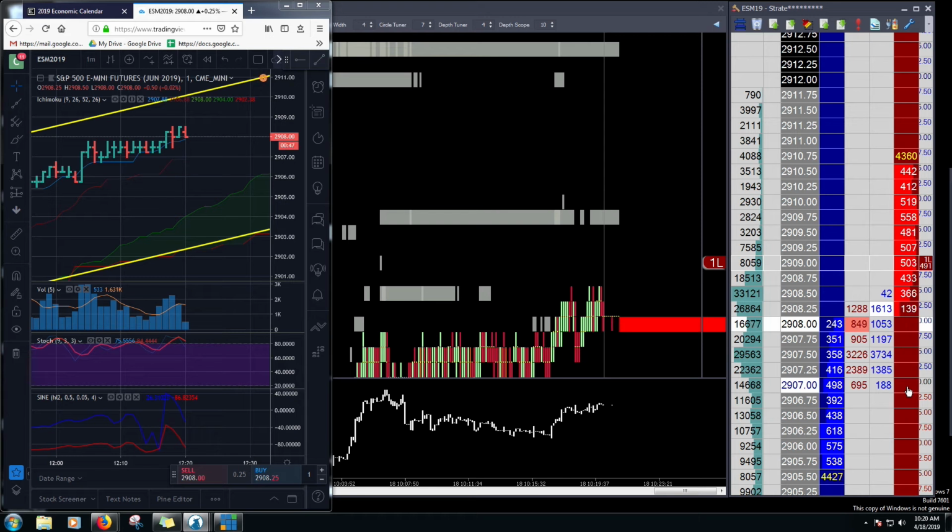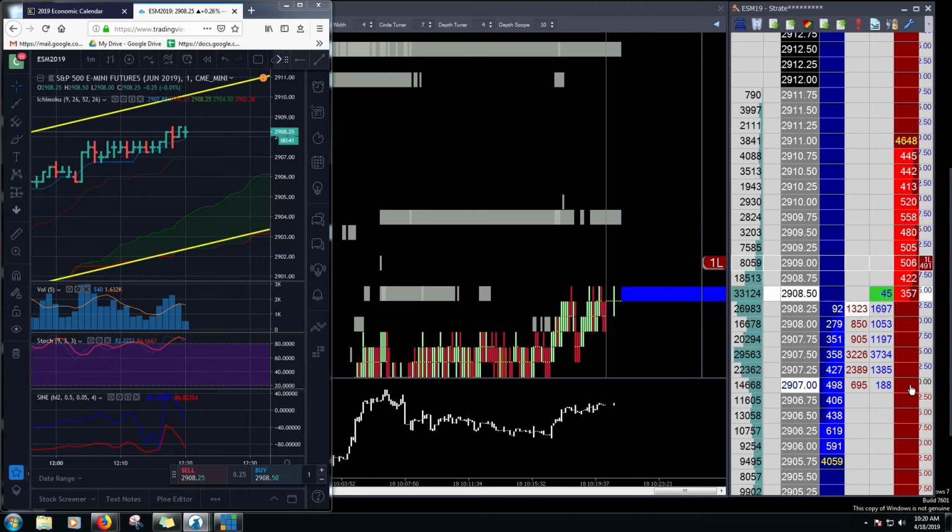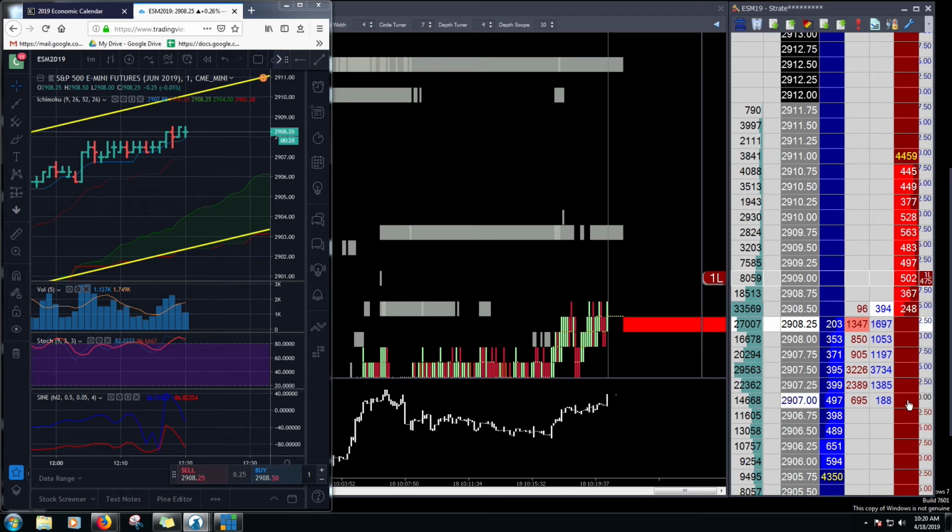And the ES is very unforgiving. Usually, unless you have a for-sure setup like a morning breakout or a news trade, it's very hard to sit in a trade and get 2 points. For me, that's a home run. That is a grand slam of trades, getting 2 points.